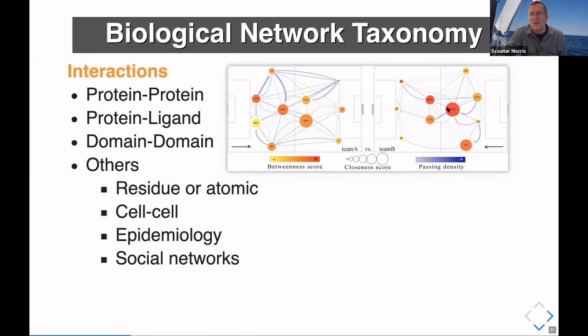So the right thing to do, of course, is you just surround that person and then this team falls apart. So a lot of really interesting network analysis can go into what might seem like mundane activities.